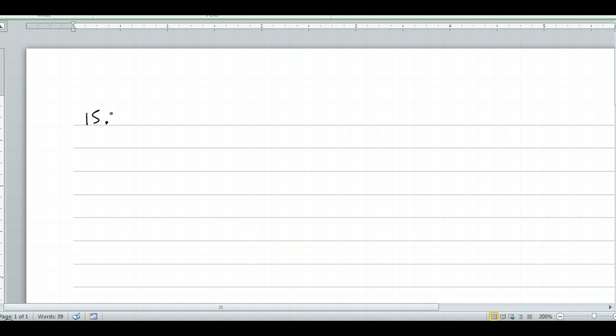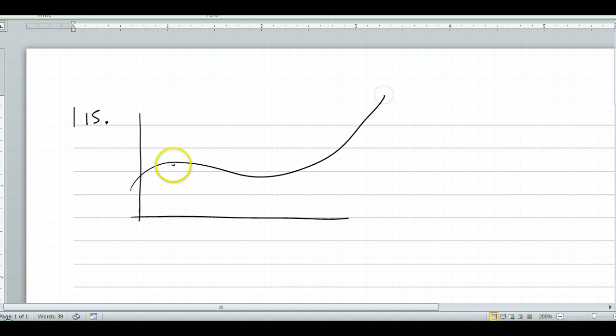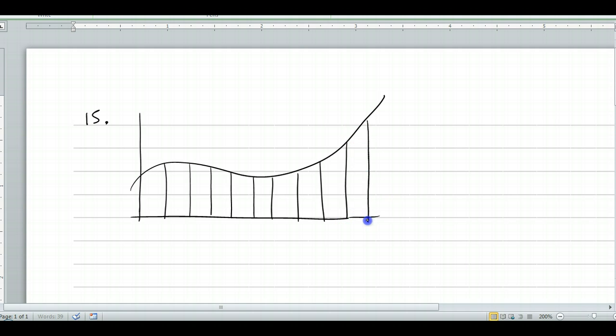Okay, question 15. You have a continuous function in the closed interval 1 to 10. You get some values given. What I usually do for this kind of thing, if you're not sure you understand the question, is draw it out: 1, 2, 3, 4, 5, 6, 7, 8, 9, and 10.